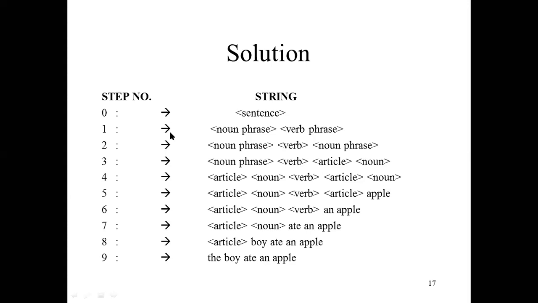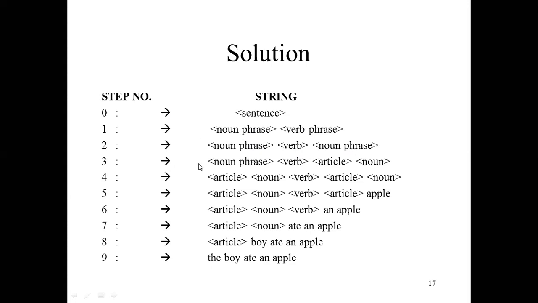Okay. So, second step, noun phrase, just I am writing as it is. Verb phrase is equivalent to verb followed by noun phrase. So, we can break from the right hand side verb phrase into the verb and noun phrase.